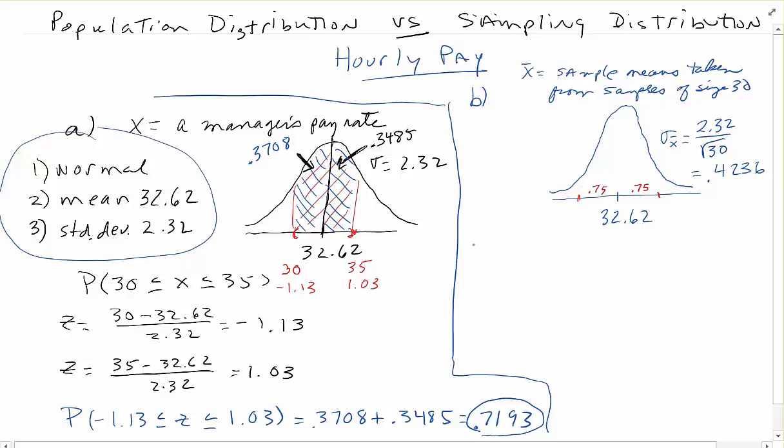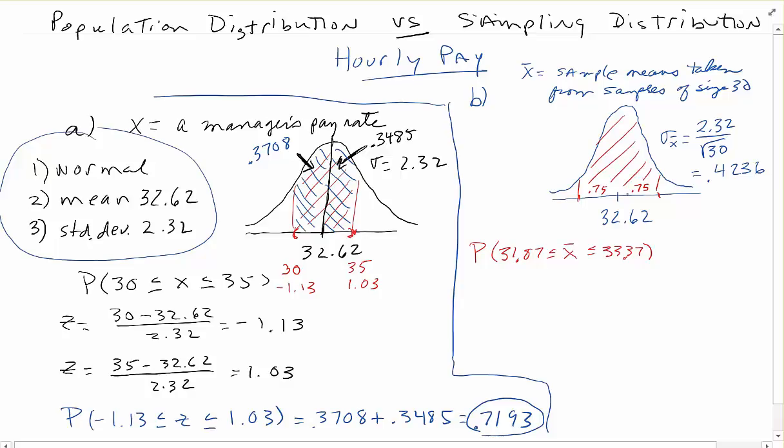So I'm talking about the probability that X bar is between $31.87 and $33.37. And to find that probability, I'm going to find the area under the density function above the interval.